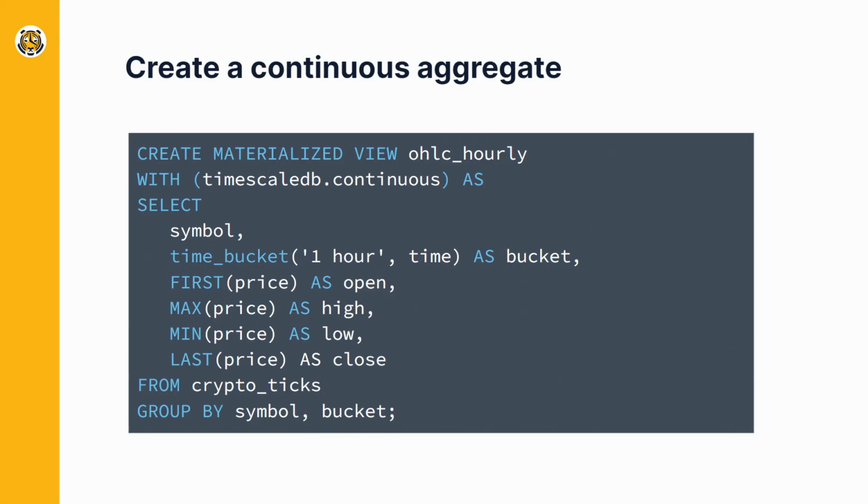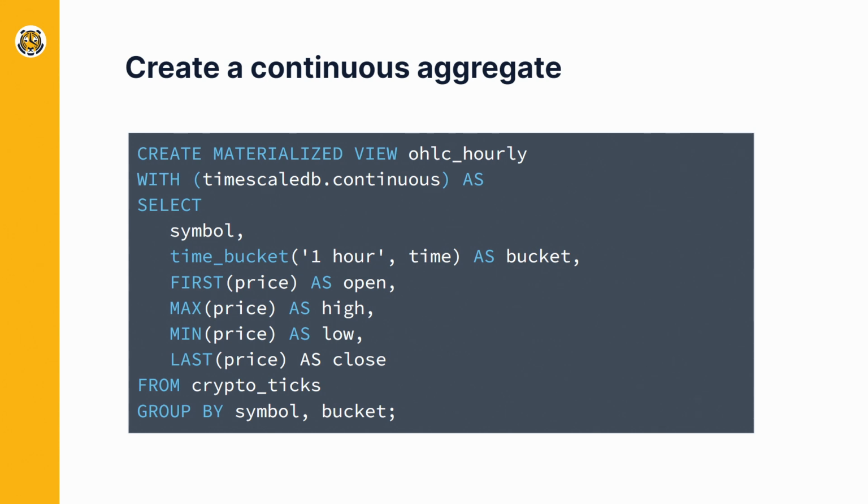So you have the symbol, which can be, for example, BTC USD trading pair. Then we have a hyperfunction called time_bucket. This is not available on Postgres. This is a function that aggregates data based on time. And this example creates hourly time buckets.